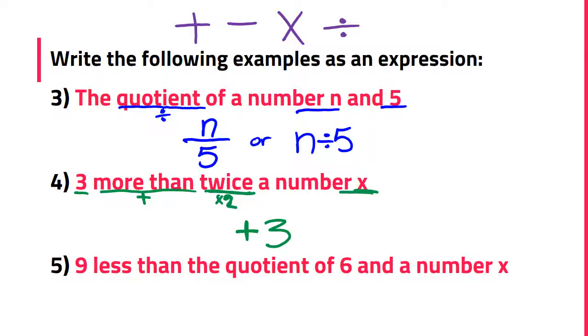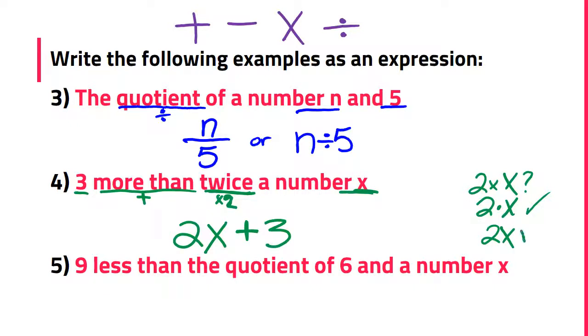Now instead of putting 2 times x, that can get confusing, right? 2 with a dot x, that's okay. But 2x, that would be ideal. So 2x plus 3 is my expression.